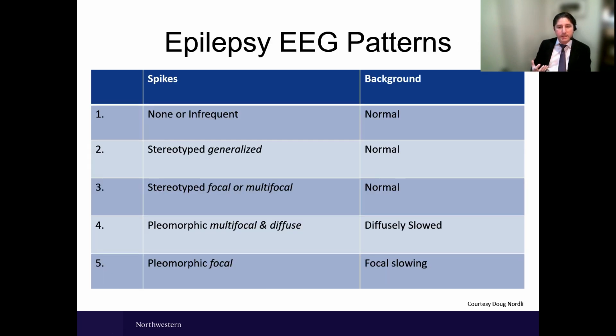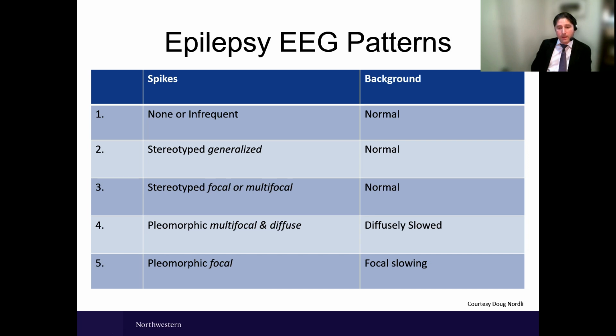And you can take these different terms that I've just described and put them together in different combinations, either no spikes, normal background, spikes that look alike and are generalized with a normal background, etc., and make up classifications or categorizations of EEGs.